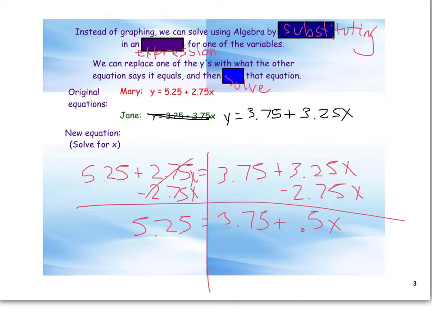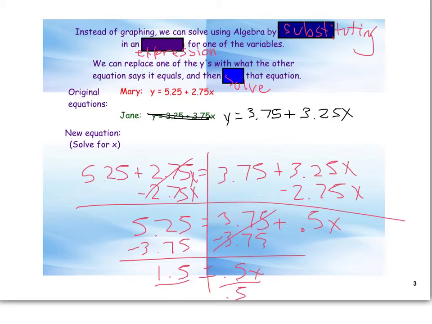Now we want to get x all by itself, so I'm going to subtract away that 3.75. Those cancel, and we get as a result here 1.5 equals 1/2 x. So if we divide by 1/2 on both sides, we are going to get that x equals 3.